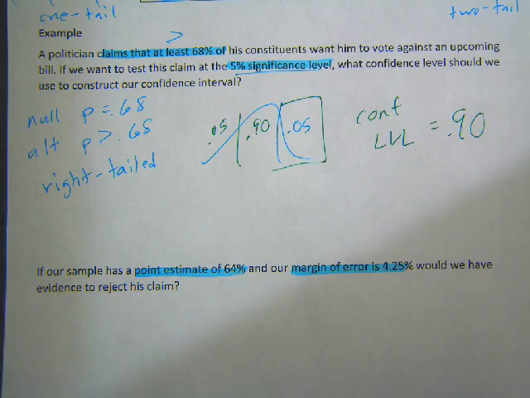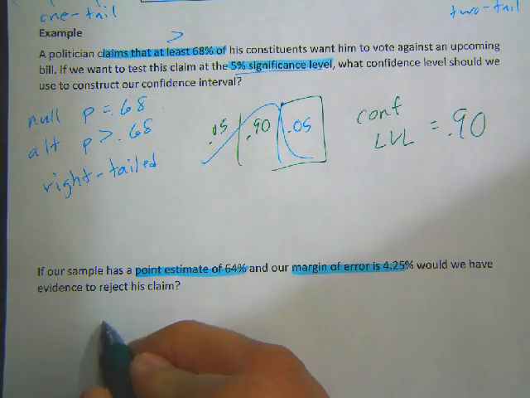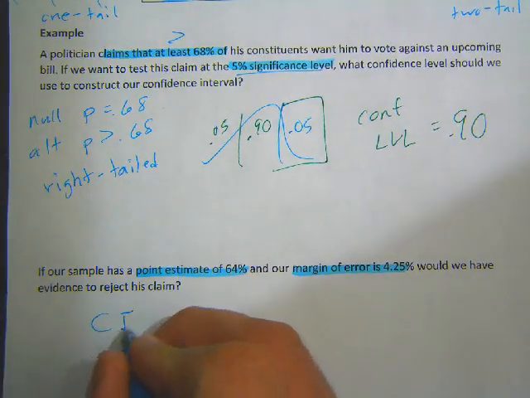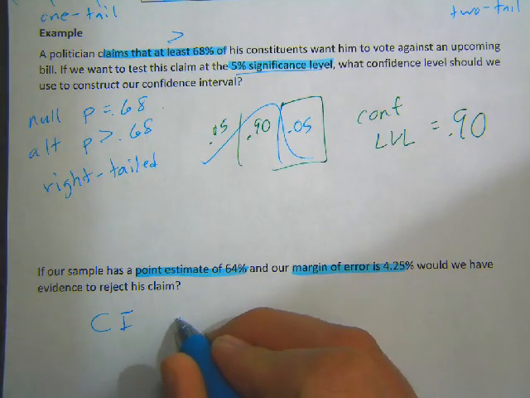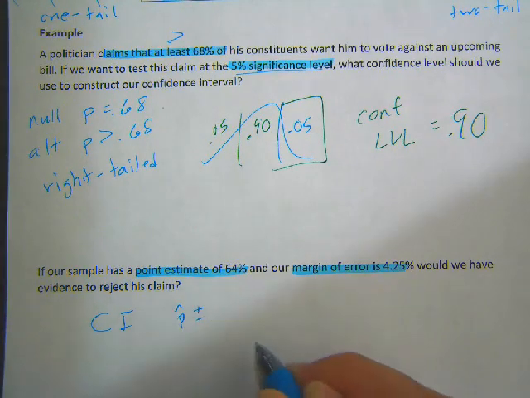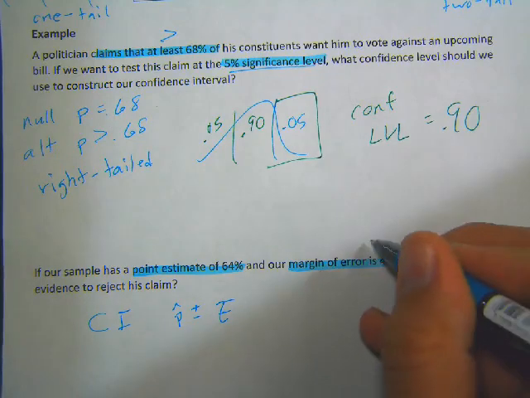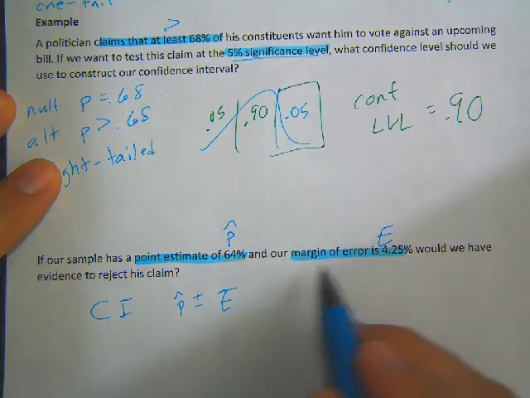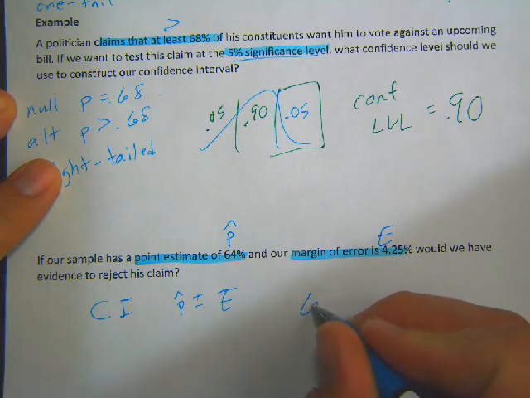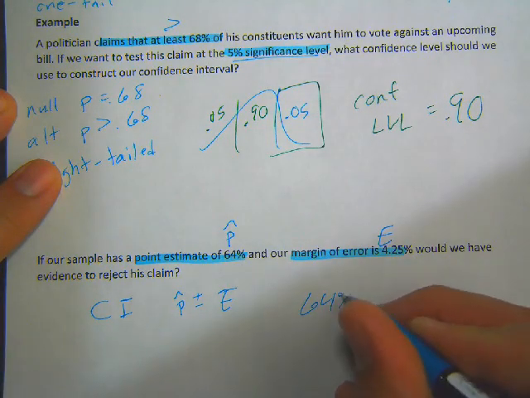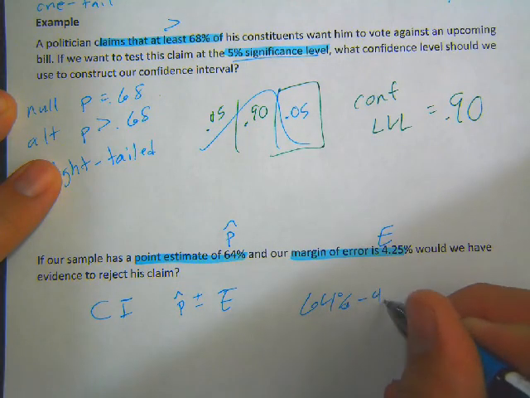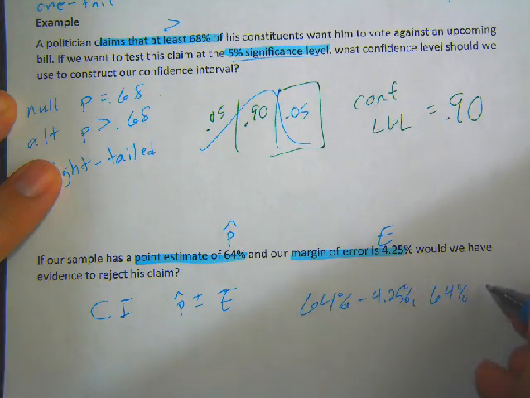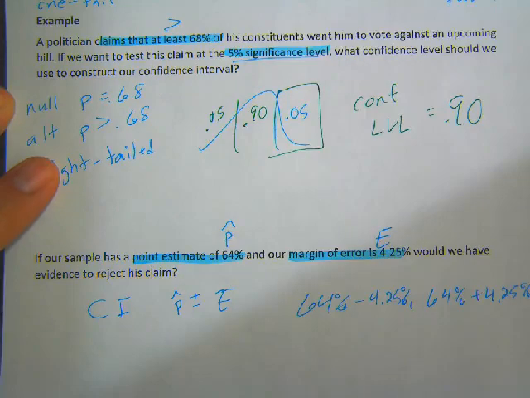Remember, to get the confidence interval, we take the point estimate, which in this case is p hat, and we add and subtract the margin of error, E. So I would take this point estimate, 64%, and subtract 4.25, and I would take that 64% and add 4.25%. That's how I'm going to get my confidence interval.